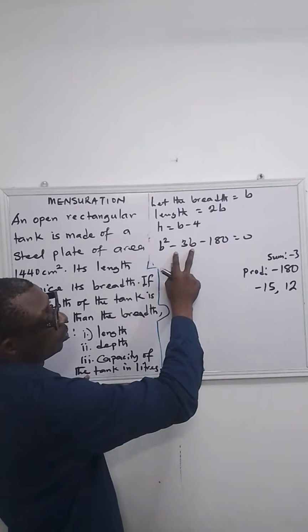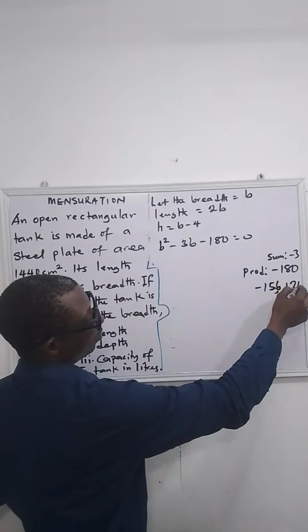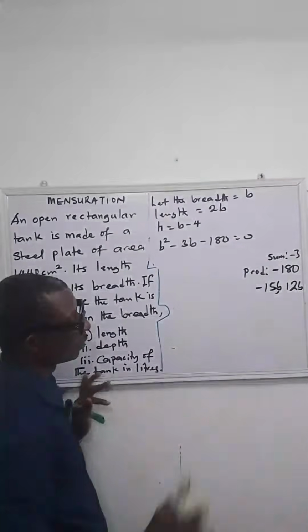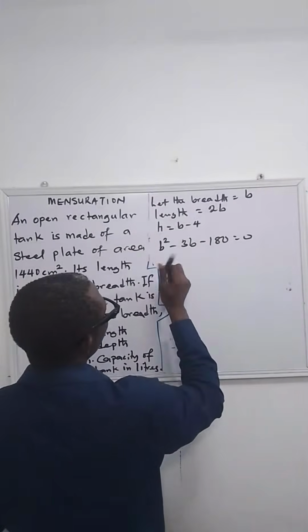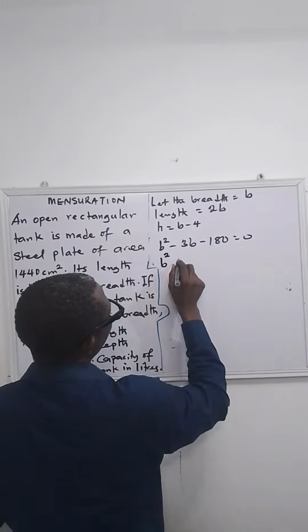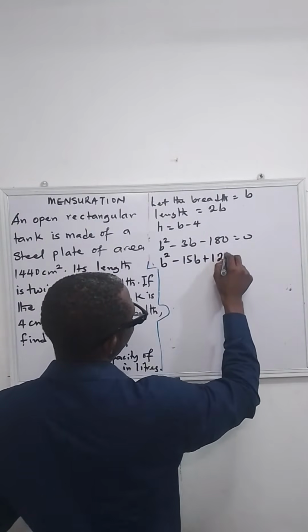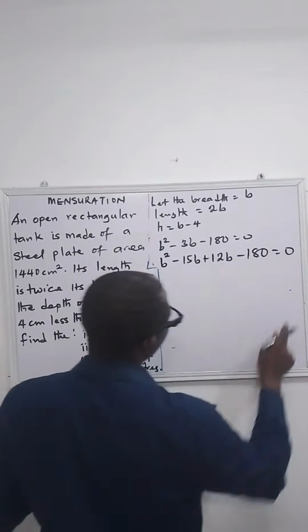We turn it to negative 15b and plus 12b. That gives us negative 3b. So now this equation turns to b squared negative 15b plus 12b negative 180 equals 0.